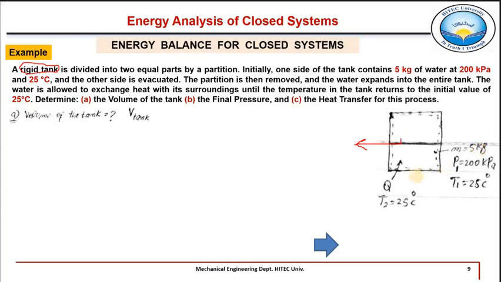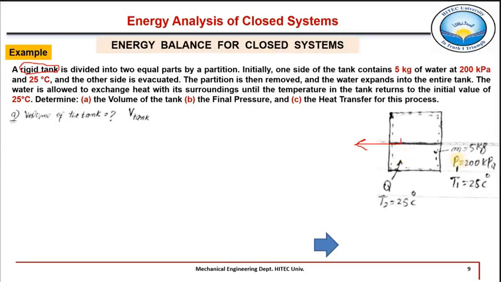If we can somehow find out the volume of this water, which is equal to half the volume of this tank, then the total volume will be 2 times this half volume, right?